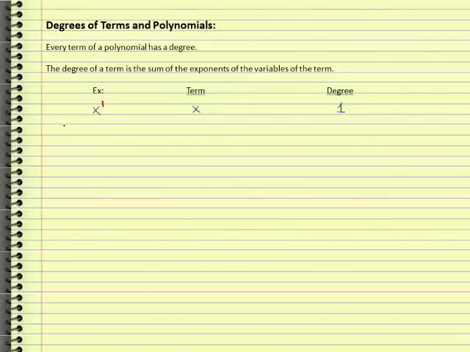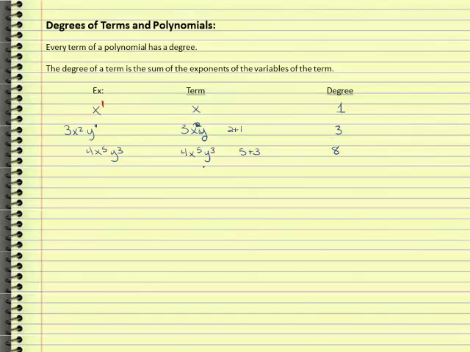If I have 3x squared y, there's an invisible 1 on the y. The term is 3x squared y, but the degree is 3 because I have 2 plus 1 for that invisible 1 exponent. 4x to the 5th, y to the 3rd. I have 5 plus 3, so the degree is 8.